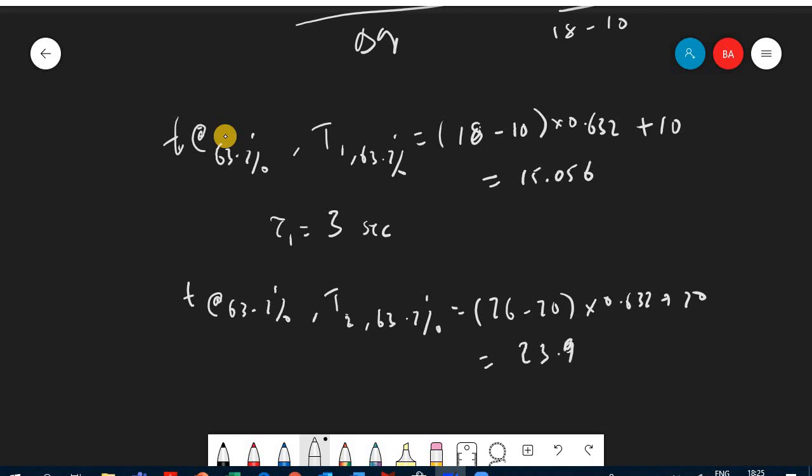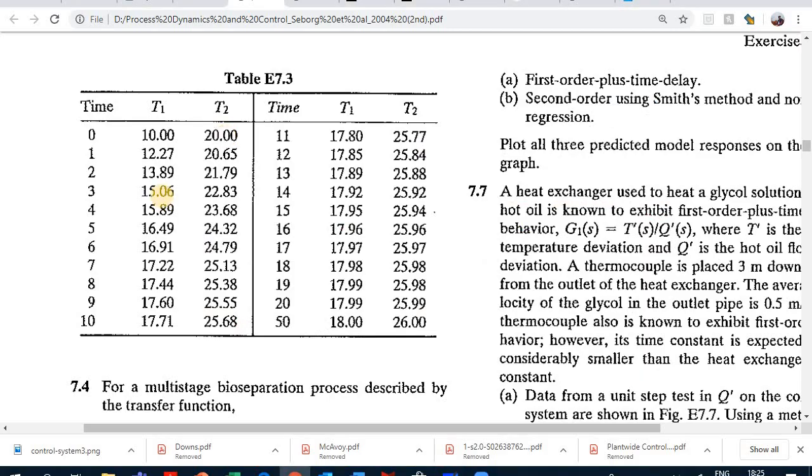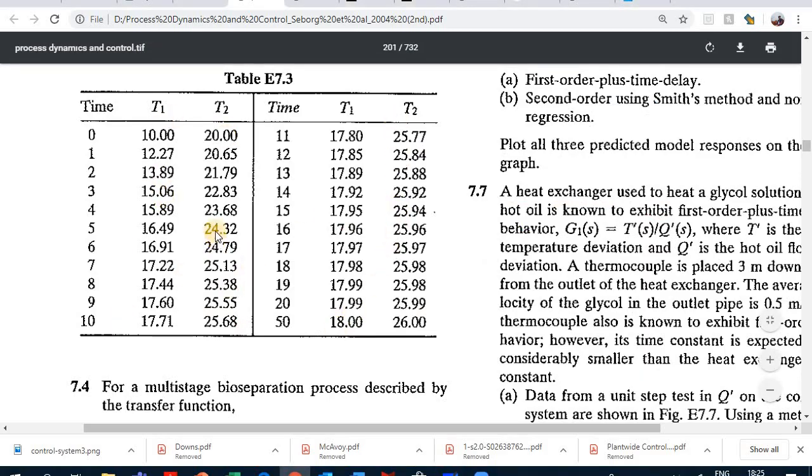So I would say that is about 23.8. Looking at 23.8, this needs an interpolation, and the answer is between 4 and 5.